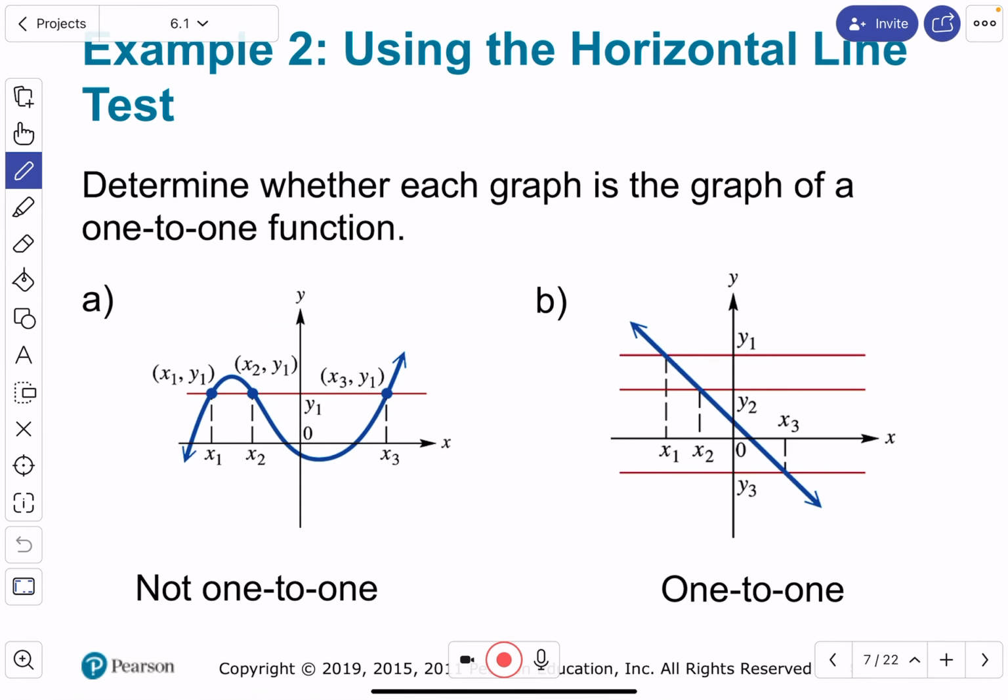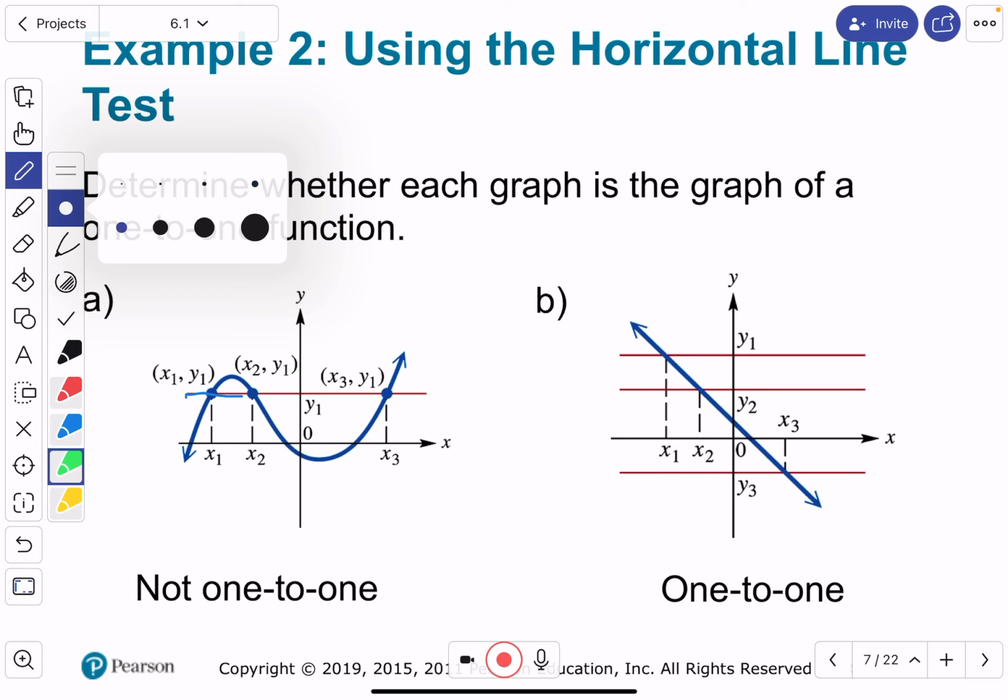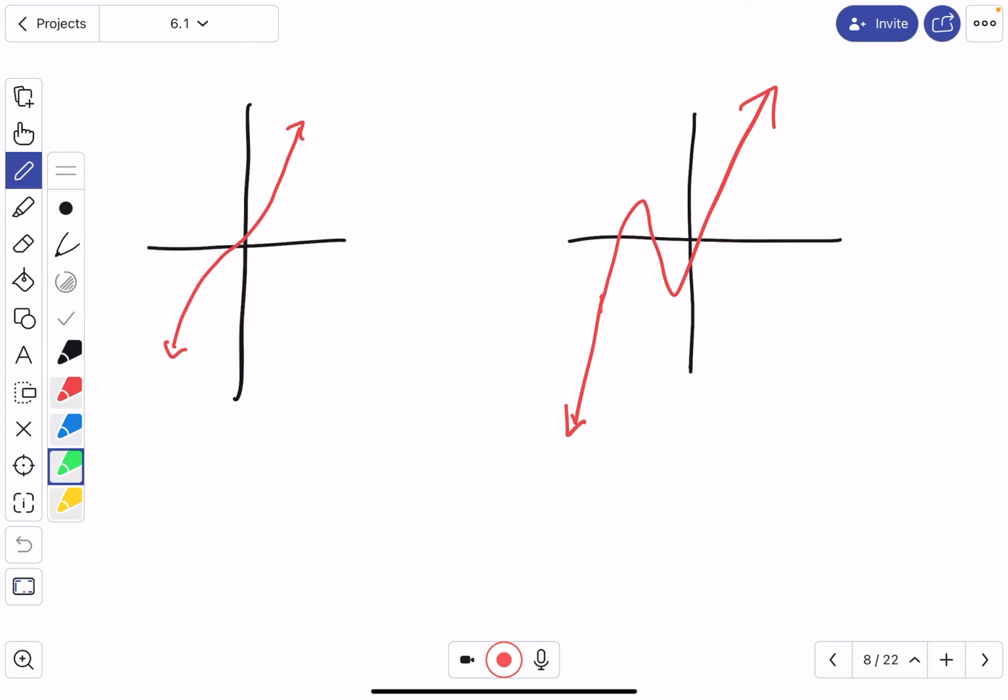So if we look at this graph here, A, when we draw a horizontal line, it touches the graph in 3 places, so it's not one-to-one. B, no matter where we draw that horizontal line, it only touches the graph once, so it is one-to-one. If we go back and look at these two, what do you guys think?